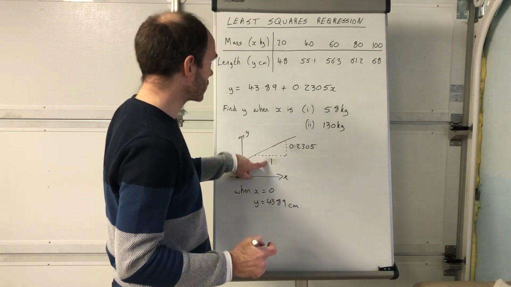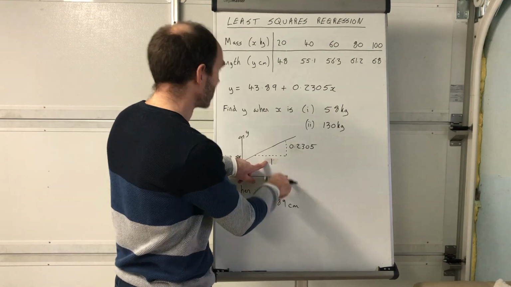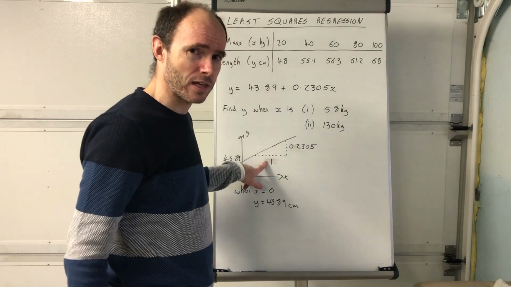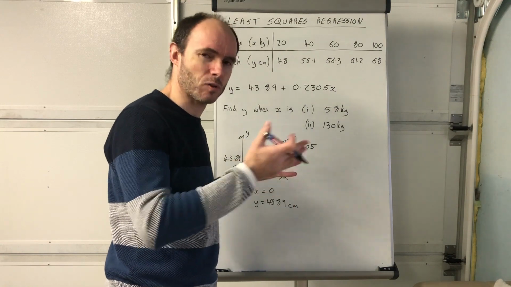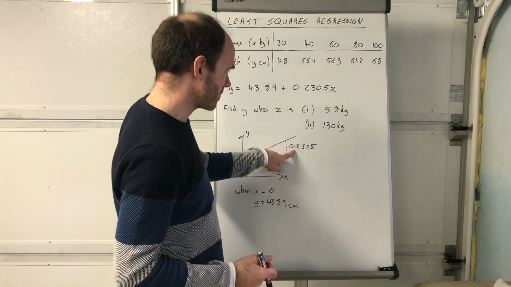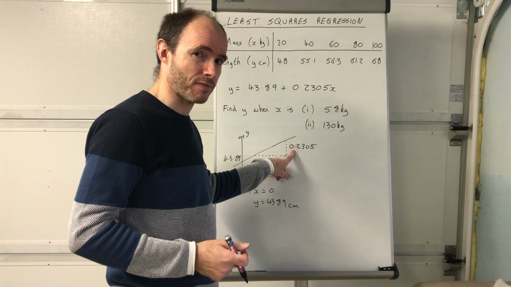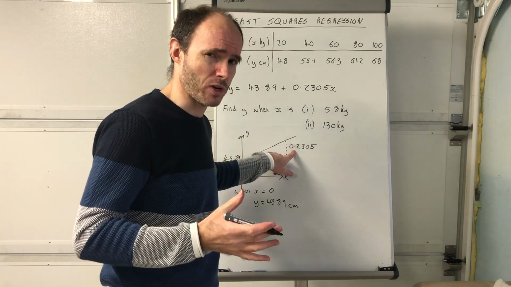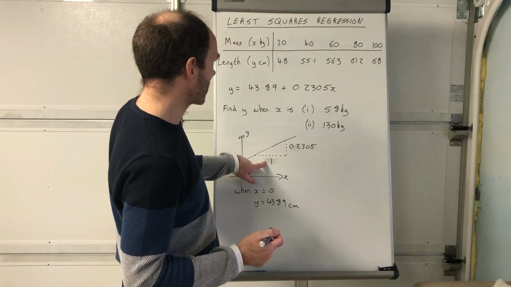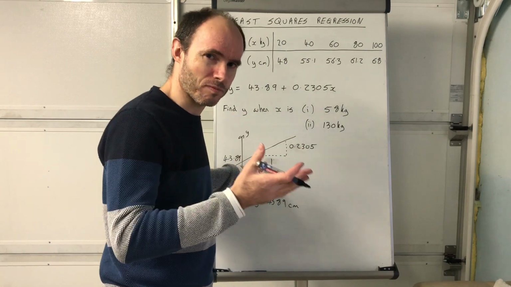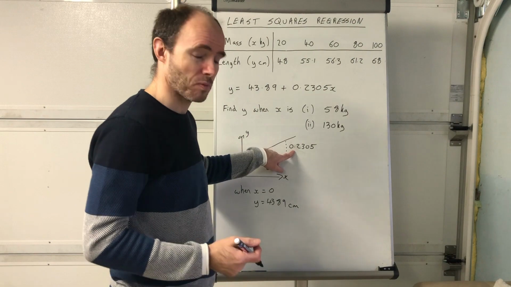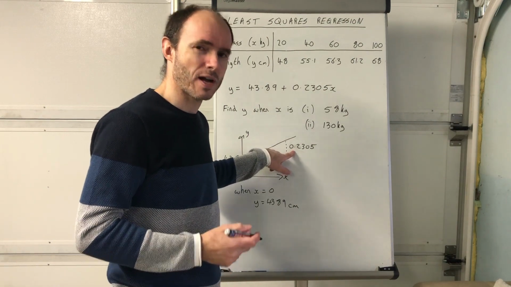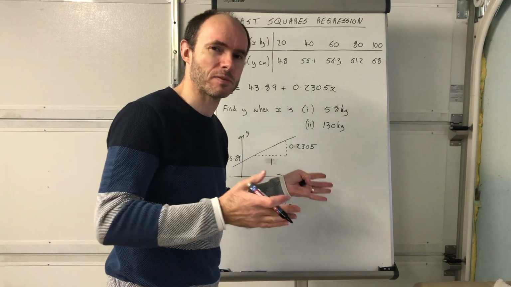For each extra kilogram of load attached to this spring or string, it will stretch by another 0.2305 centimetres. And that's how you'd word it. That's how you'd interpret a y-intercept and a gradient.